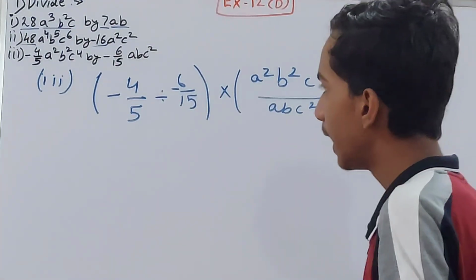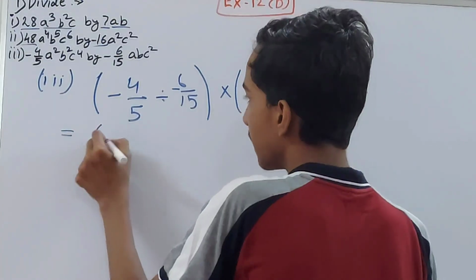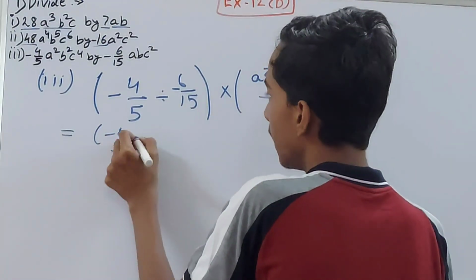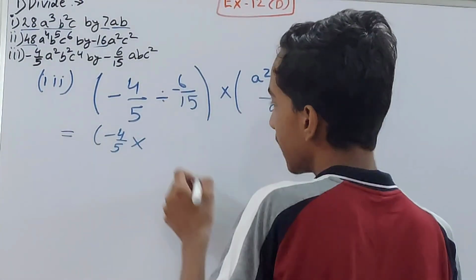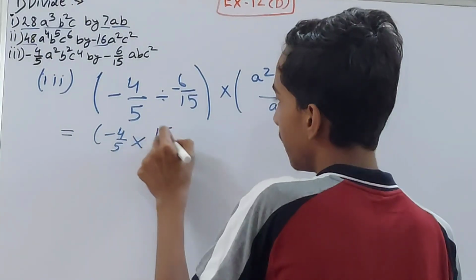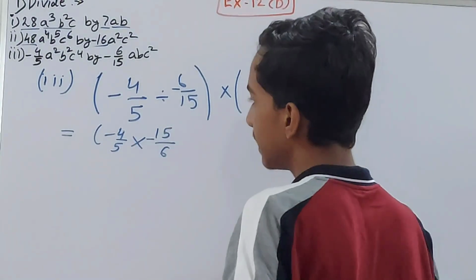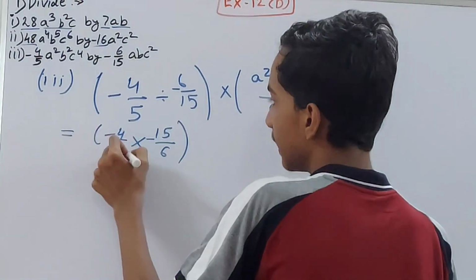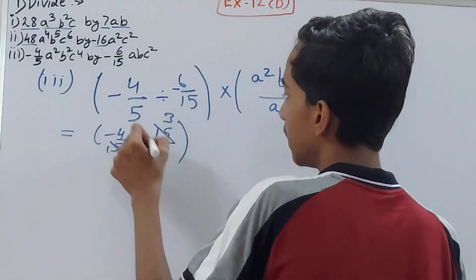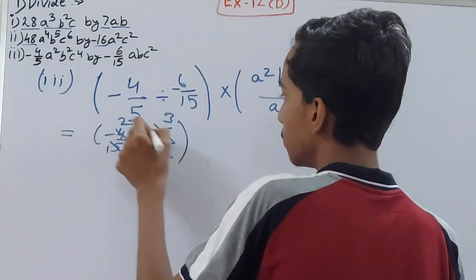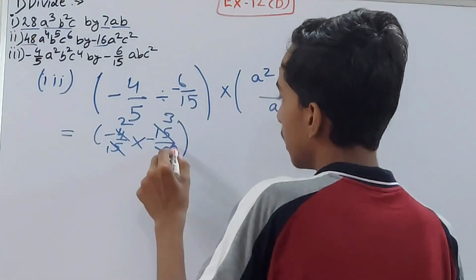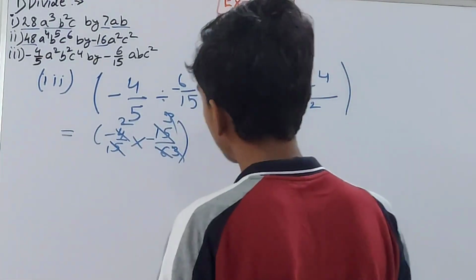Now do it. Here the division sign will change to multiplication, minus 4 by 5 into, now the second fraction will be reciprocated, so 15 by 6, and the minus sign will be there. Now you can cancel: 3 and 15, and 4 and 6, so 2, and here also 3. Now 3 and 3 will cancel.